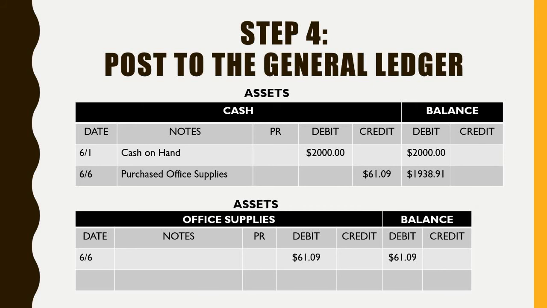So then when I'm dealing with my office supplies, since it's my first time purchasing supplies, here I recognize that I purchased supplies for $61. Therefore, my running balance is going to be starting off with $61. Okay? And so that's how you post to the ledger.